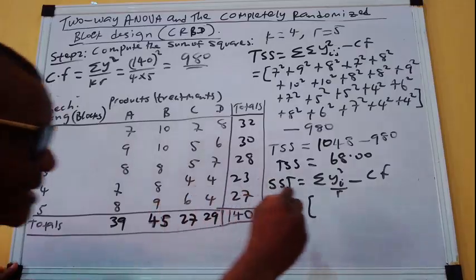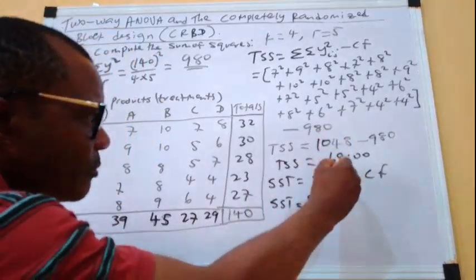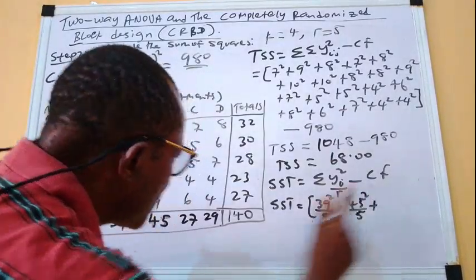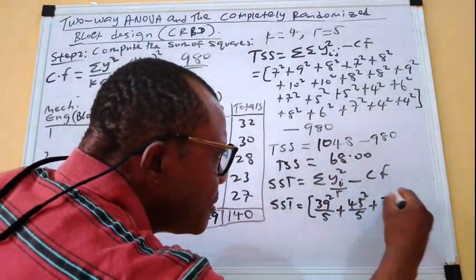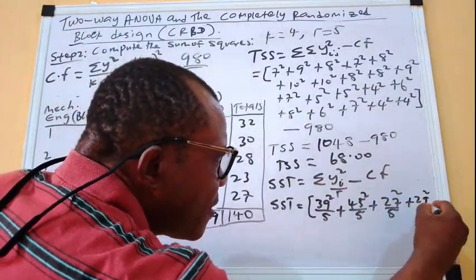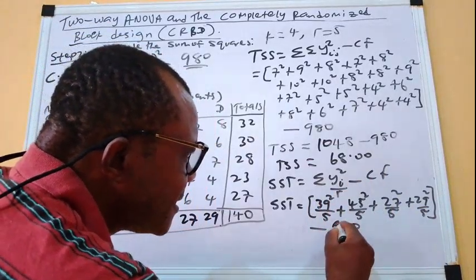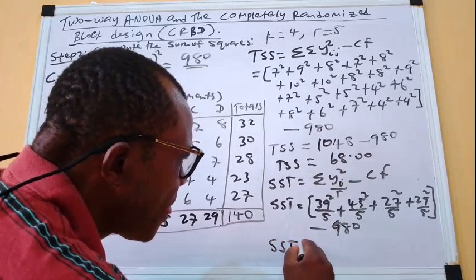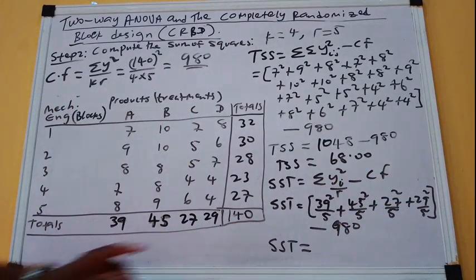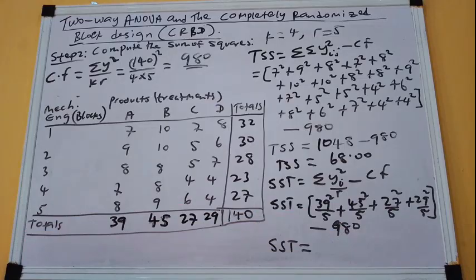So the first one is 39 square all over 5, plus, you have to square it, that's what the formula says. The next one is plus 45 square all over 5, plus 27 square all over 5, then plus 29 square all over 5, then you close the bracket, minus our CF, which is 980. So our sum of square for treatments, when you carry out that arithmetic, you square 39 before you divide it by 5, square 45 divided by 5, and you now take the sum of that.